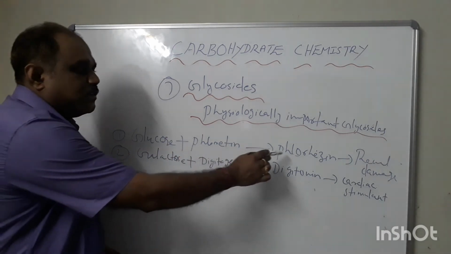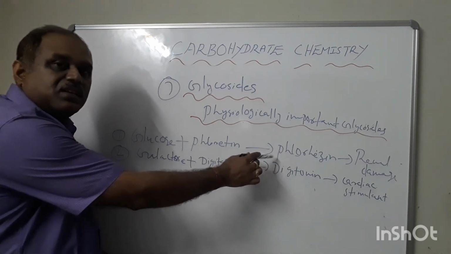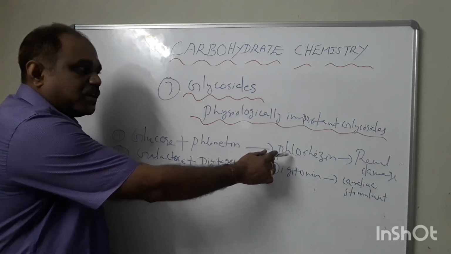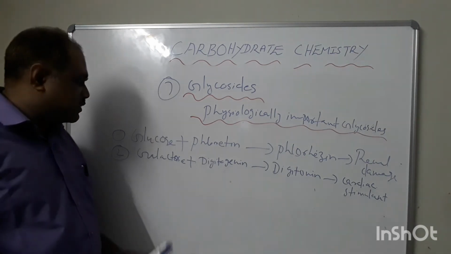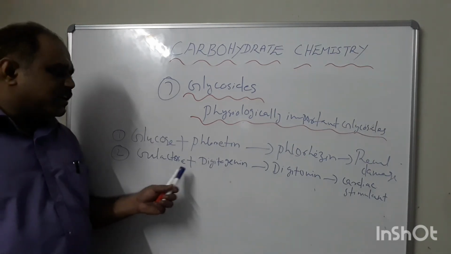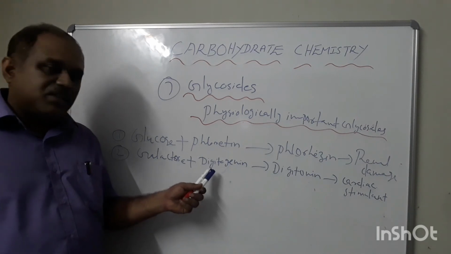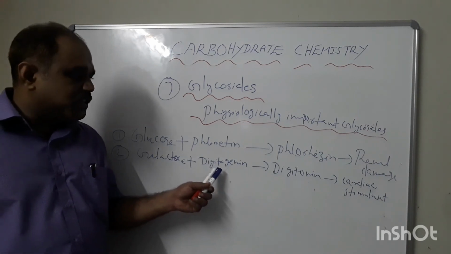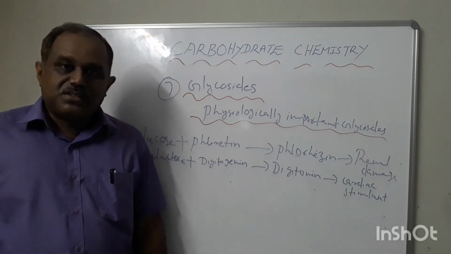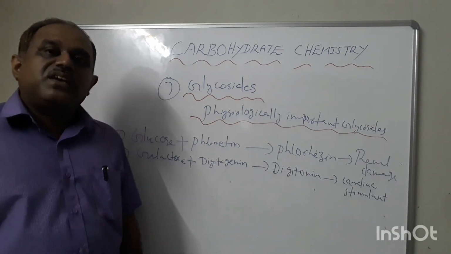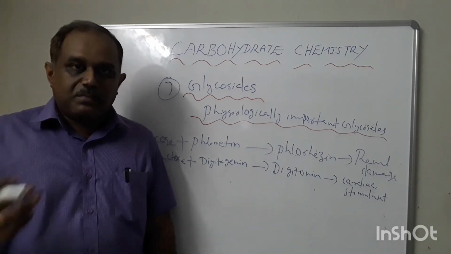It forms phlorhizin, the physiologically important glycoside that produces renal damage in experimental animals. Galactose is a carbohydrate that combines with the aglycon, the non-carbohydrate molecule digitogenin. It forms digitonin, which is used as a cardiac stimulant. So with this we come to an end of the chemical properties.